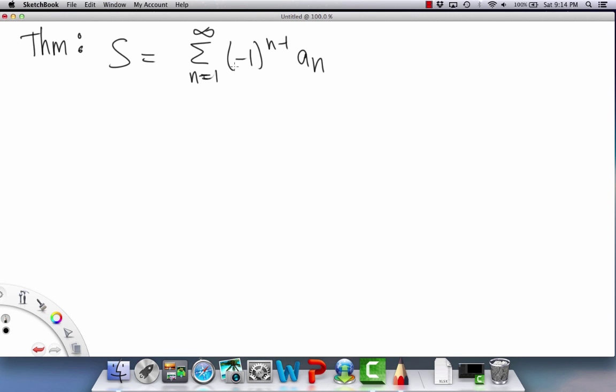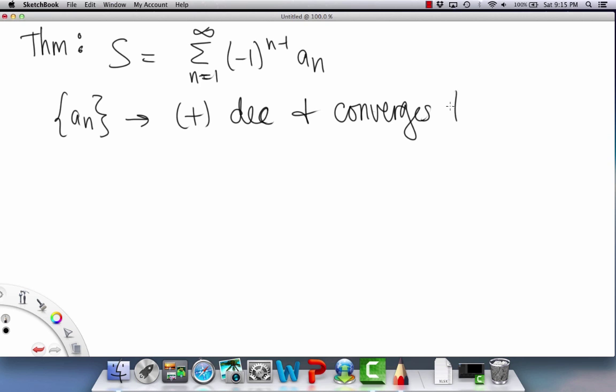When we have an alternating series, then we say that if the sequence a_n is positive and decreasing, and converges to 0, then, it's kind of just the statement of it, from this theorem we get the following, and I'm going to write it out and then I'll explain it.